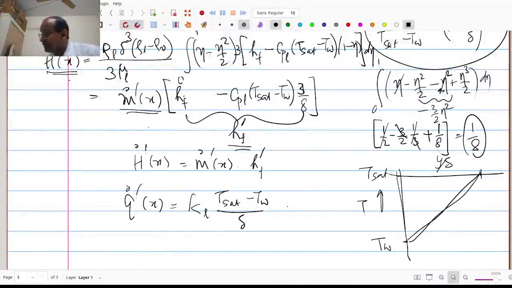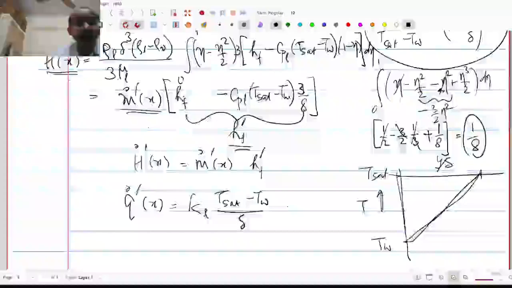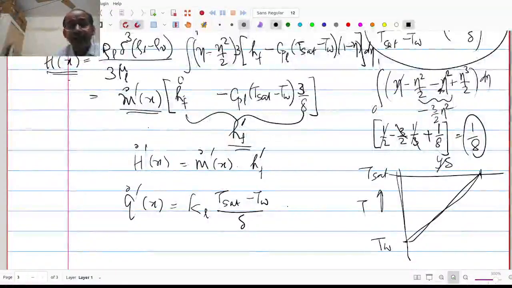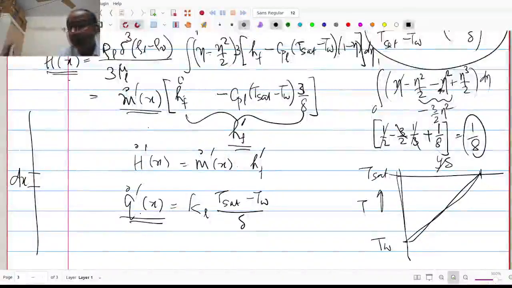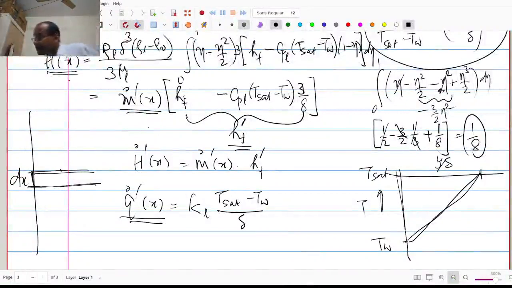So this is the heat flux. So then if I look at the plate at any distance dx, if the heat flux is Qx, then Qx into dx should be equal to the amount of condensation that happens between these two. If I have an m dot at this location and m dot at this location, the difference between these two mass flow rates multiplied by hfg should be equal to the heat flux that goes into this. This is the expression that I'll be able to write.